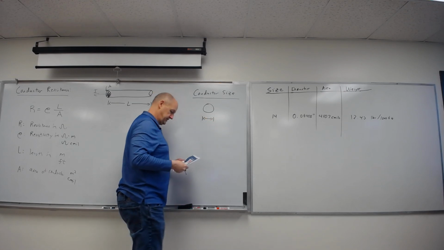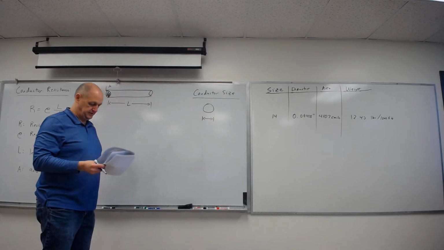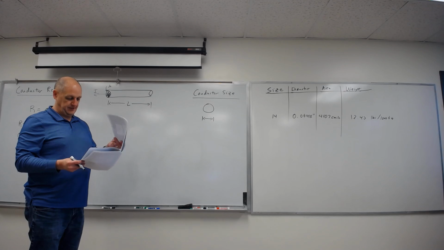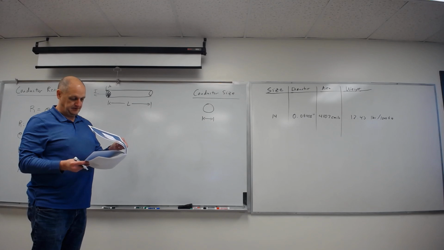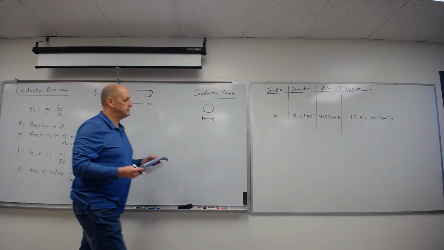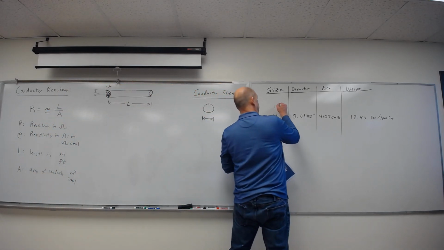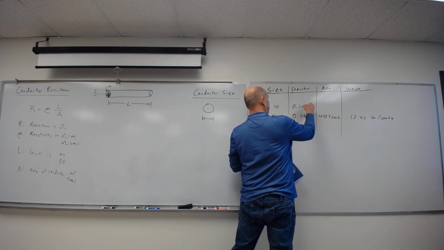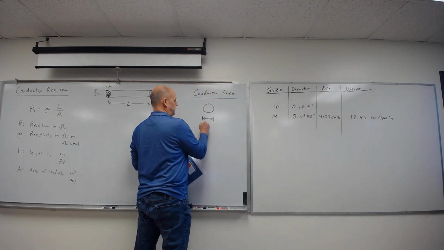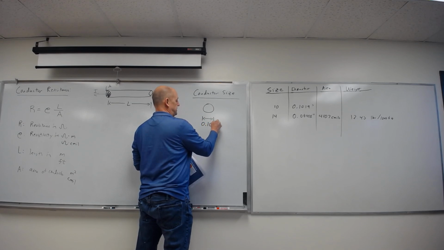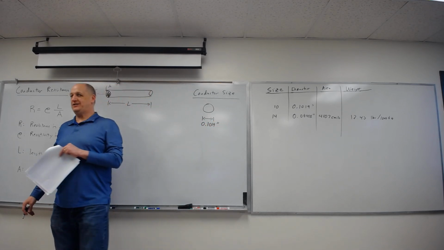I don't know what size this is. 0.1019 inches. Oh, 10 gauge. So I get some 10 gauge wire, and the example in the text is it's about 1/10 of an inch across.